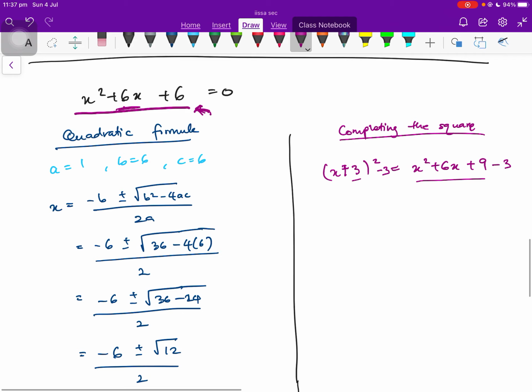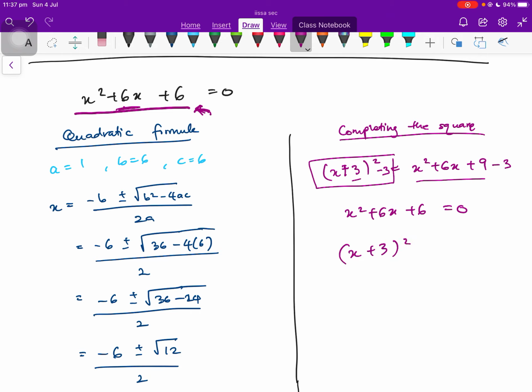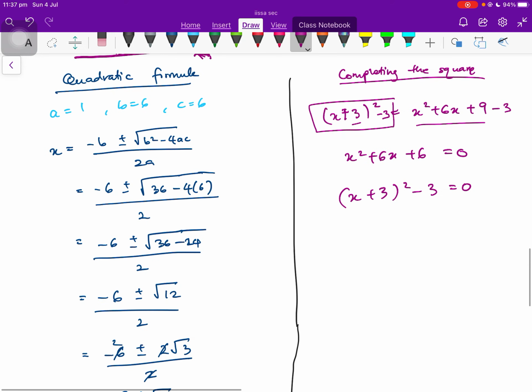So I'm going to change that equation to x squared plus 6x plus 6 equals 0, and this is basically just equal to x plus 3 squared minus 3 equals 0. Now we just solve for x. x plus 3 squared is equal to 3.